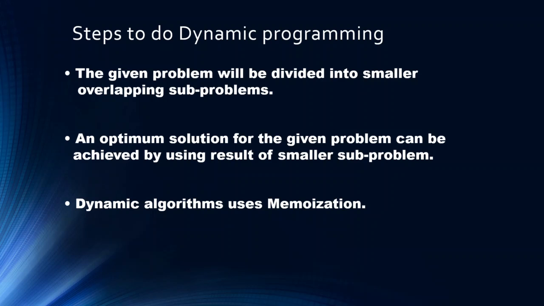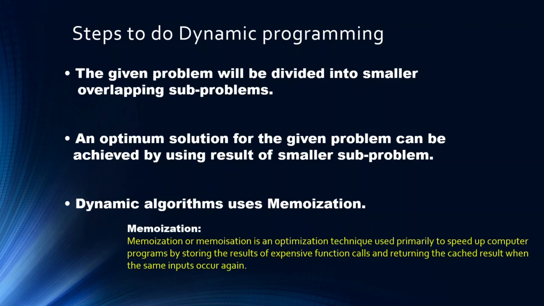Dynamic algorithms use memoization. What is memoization? Memoization is an optimization technique used primarily to speed up computer programs by storing the results of expensive function calls and returning the cached result when the same inputs occur again.